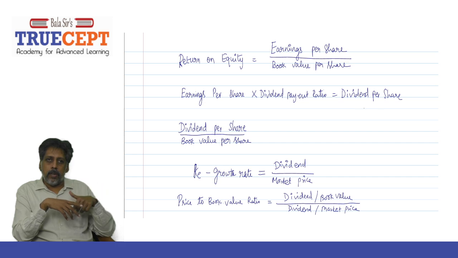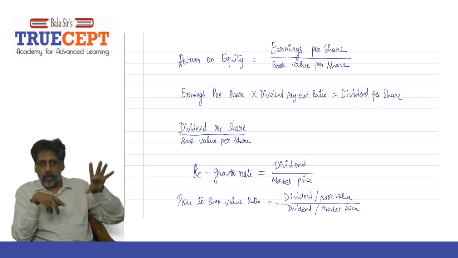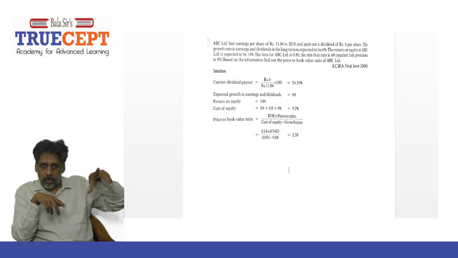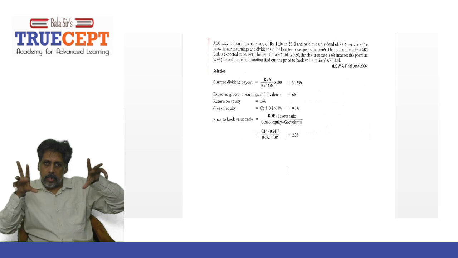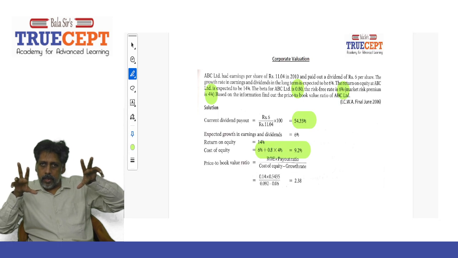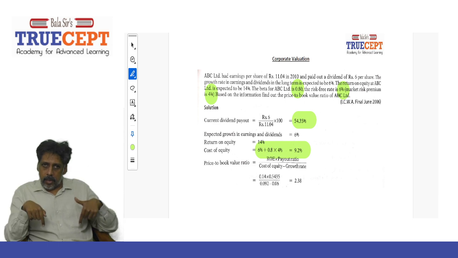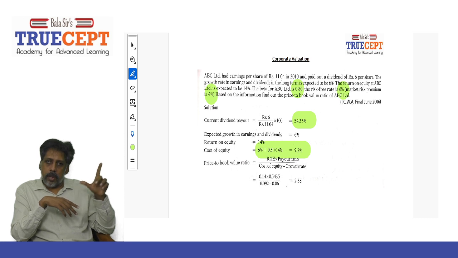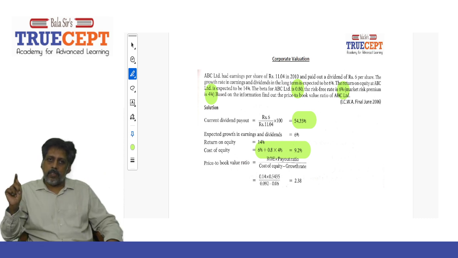Price to book value ratio equals return on equity into the dividend payout ratio divided by the denominator: cost of equity minus the expected growth rate. I use the formula and find the price to book value.